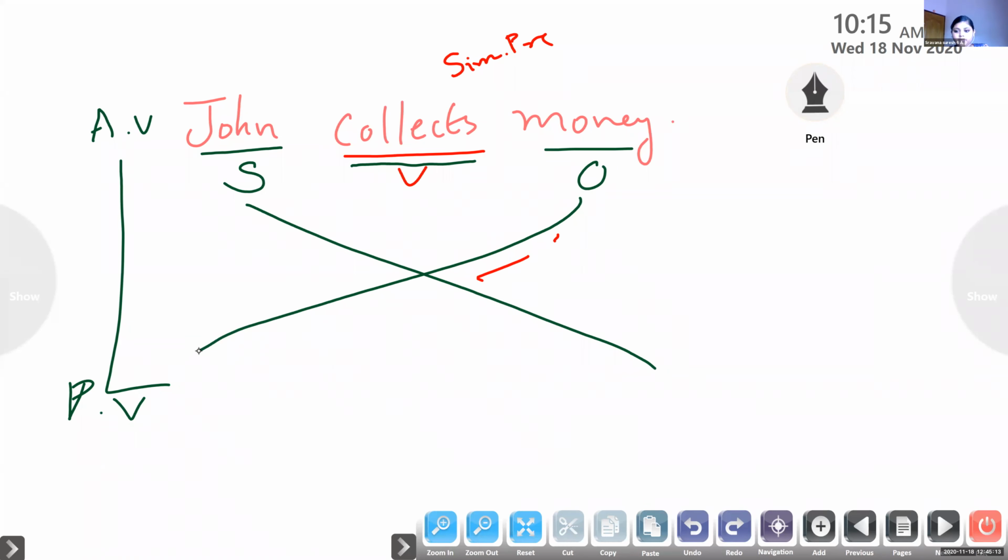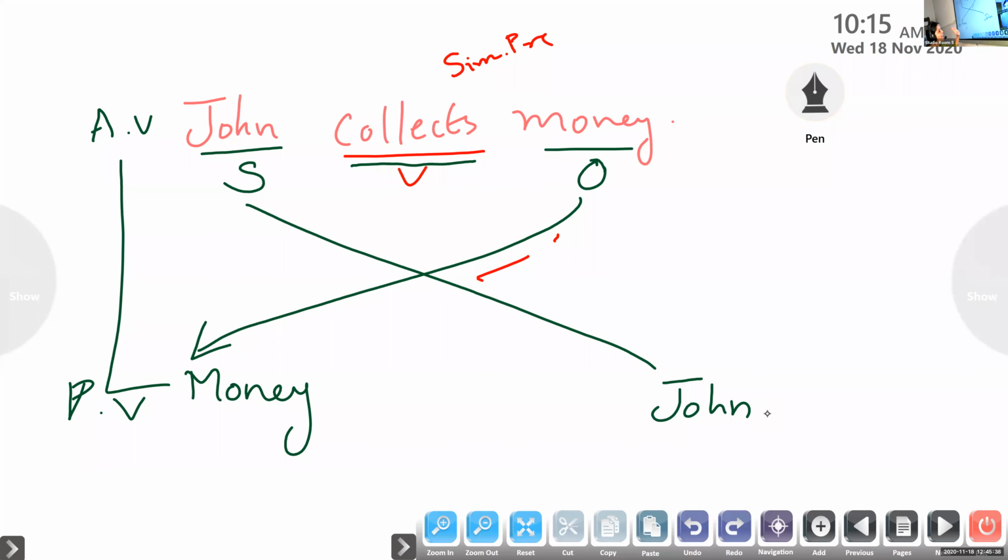Yes, ma'am. So I should begin my sentence with money. Because money is the object in the active voice, it becomes the subject in passive voice. And the subject goes in the place of object. So I got John, I put a full stop.